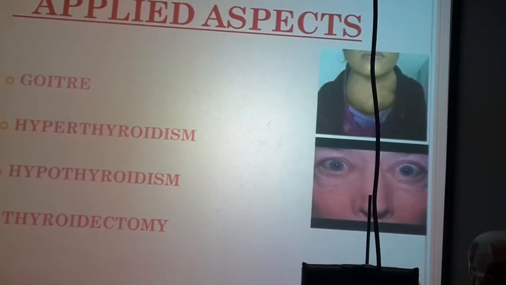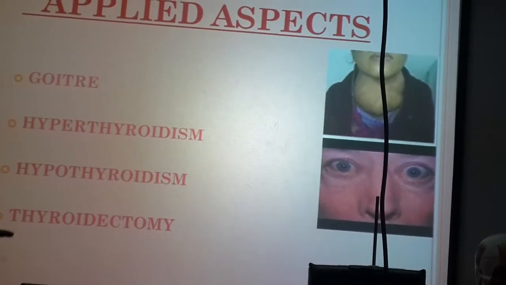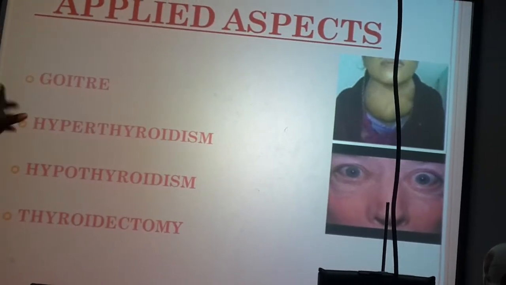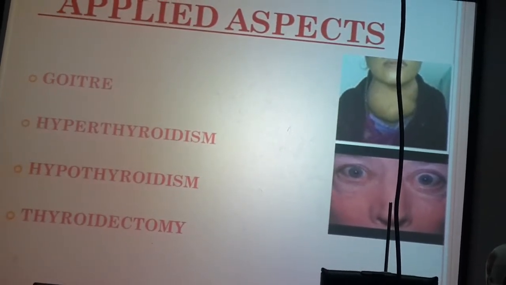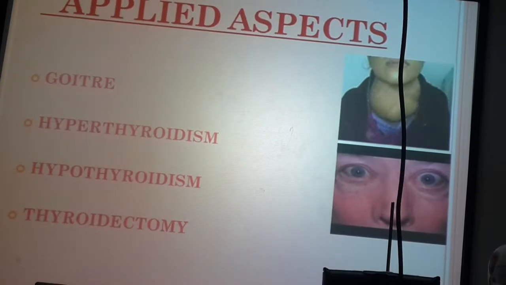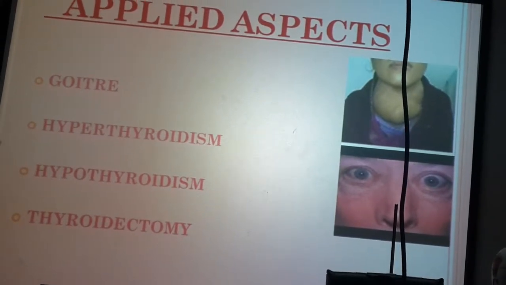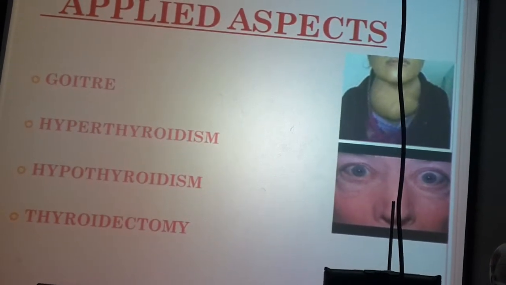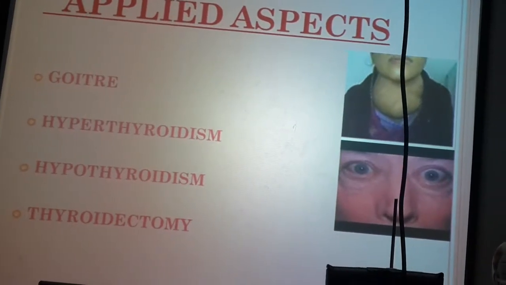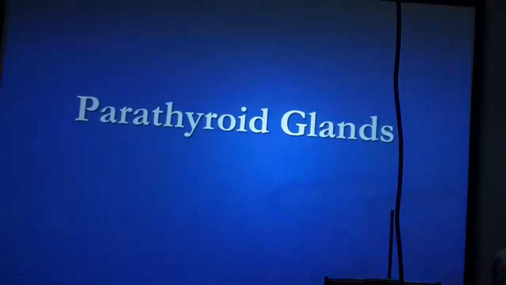Hypo means decrease. Next is thyroidectomy. In hyperthyroidism, with excessive release of thyroid hormone, you can do a thyroidectomy, removal of the thyroid gland.